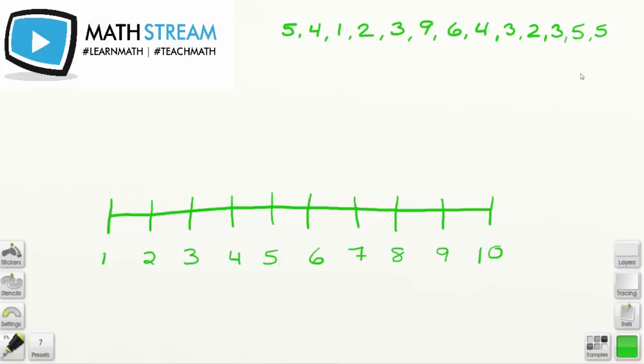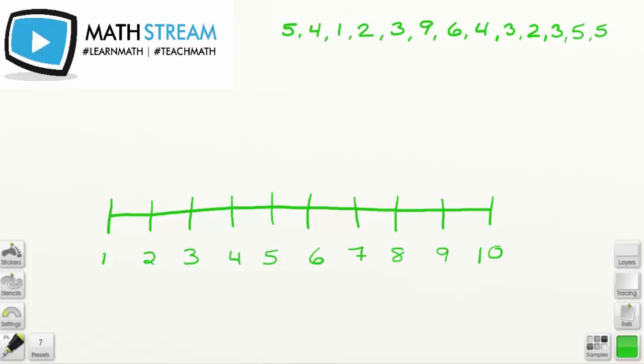We can imagine we interviewed 13 people and said, how many movies have you seen in the last month? And this might be their response. I saw 5, another person saw 4, one person saw only 1, and so on and so forth. Or we could think of a number of different situations. It's always helpful for young students when we connect our data collection to something with meaning.